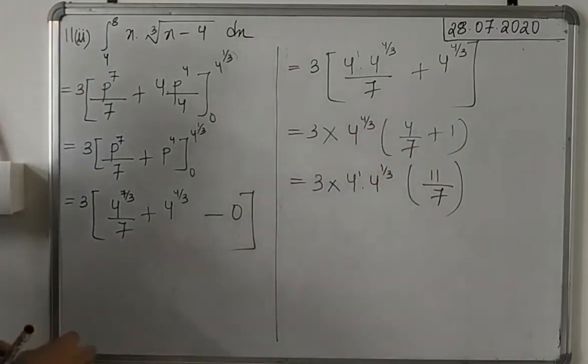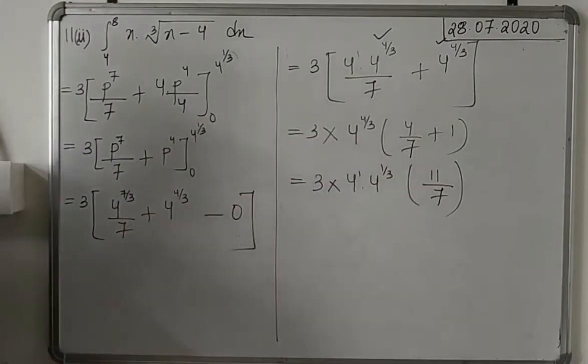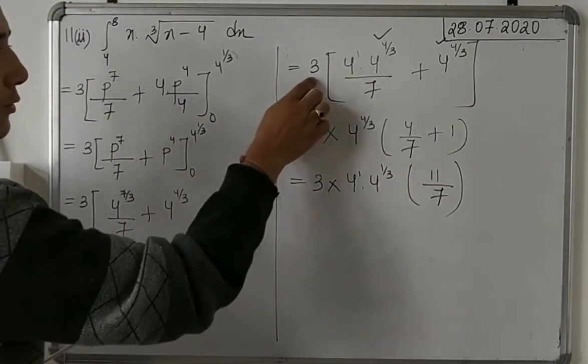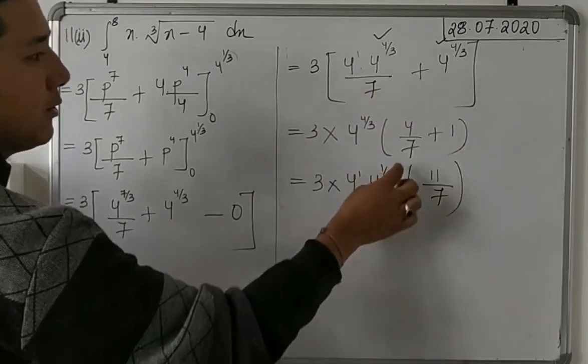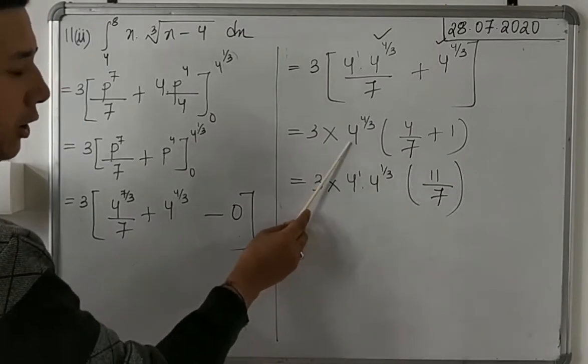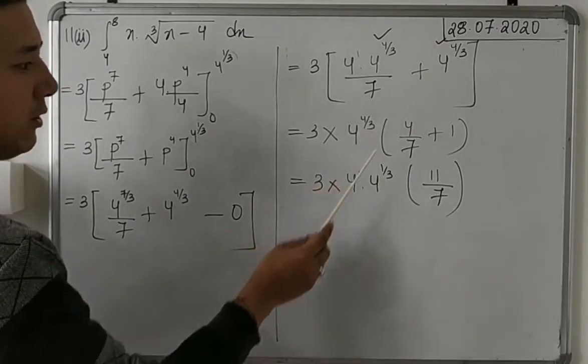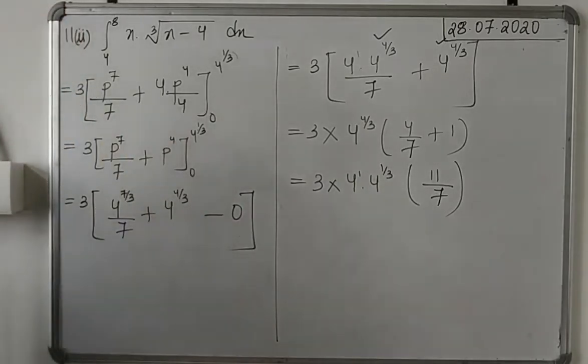The reason I'm doing this is because I can take 4 to the power 4 by 3 common. So 3 into 4 to the power 4 by 3, remaining 4 by 7 plus 1. So 4 by 7 plus 1 means 11 by 7, isn't it? And here, again I can write 4 to the power 4 by 3 as 4 to the power 1 into 4 to the power 1 by 3 using the product law. Okay?